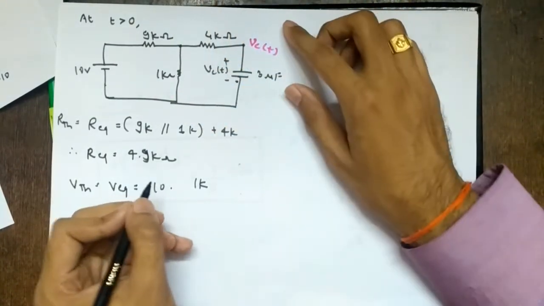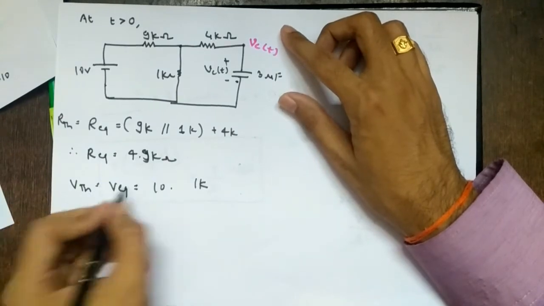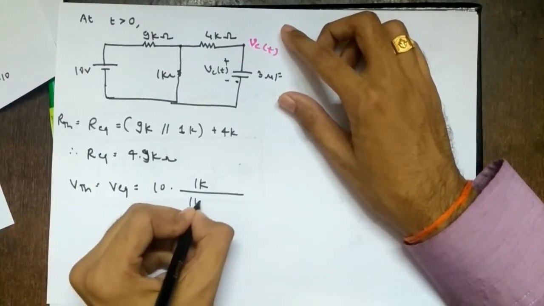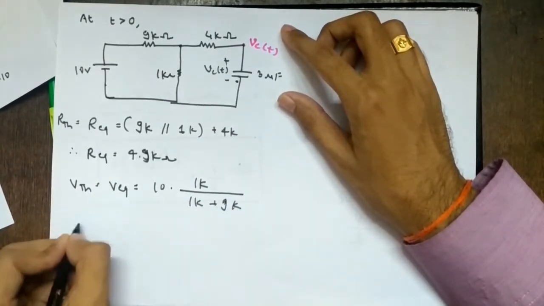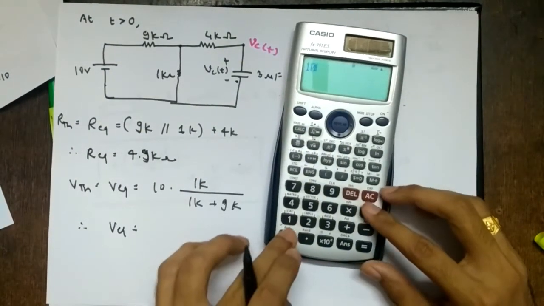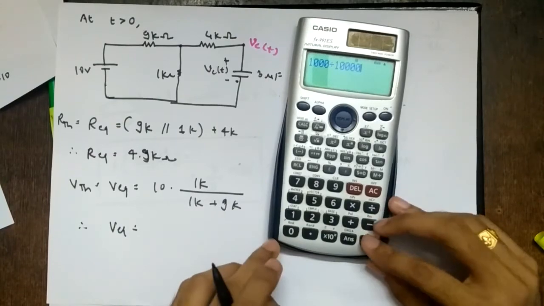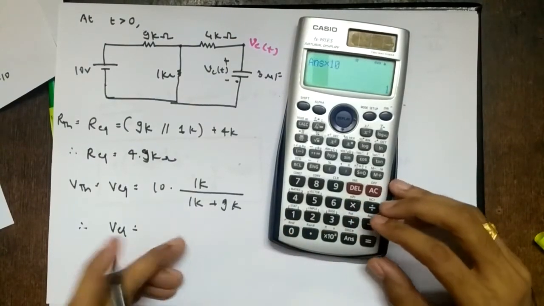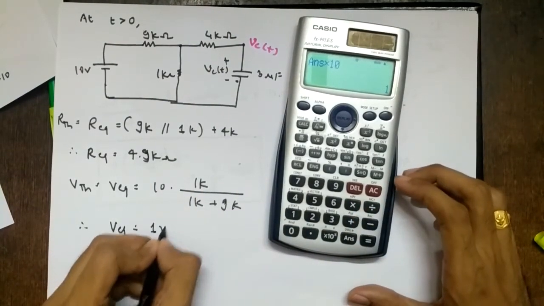So 1k upon 1k plus 9k. So 1000 by 10,000, no need of a calculator, into 10. So we get V equivalent as 1 volt.